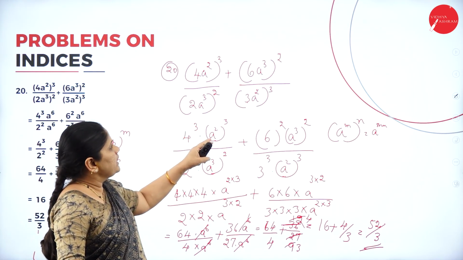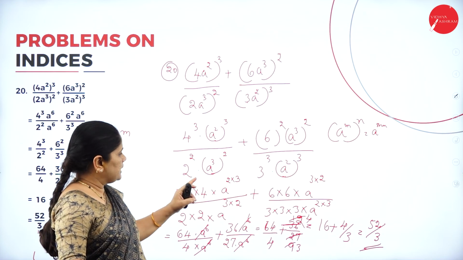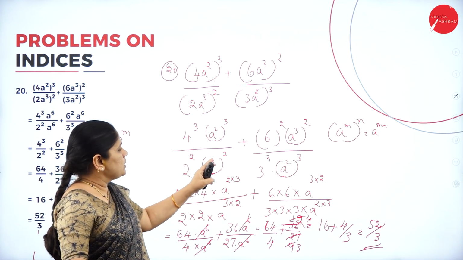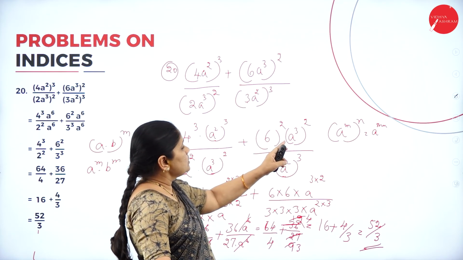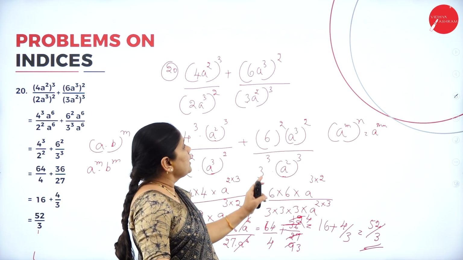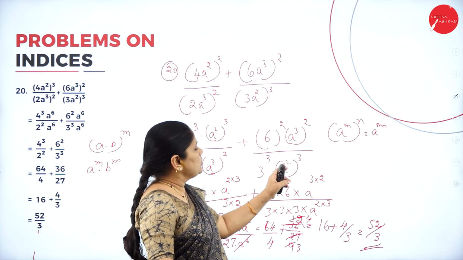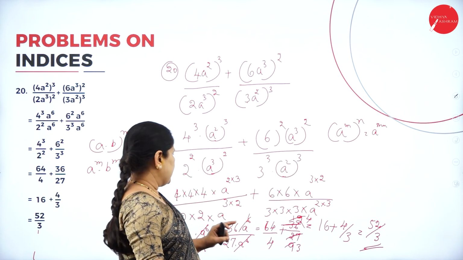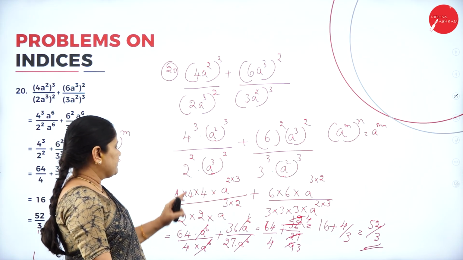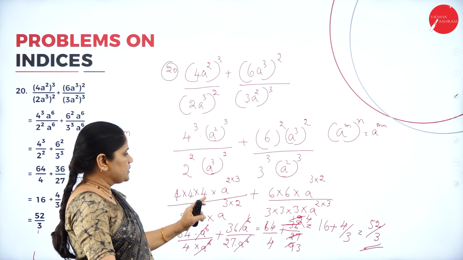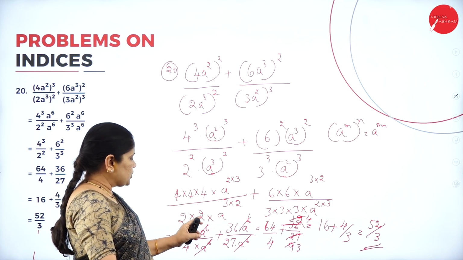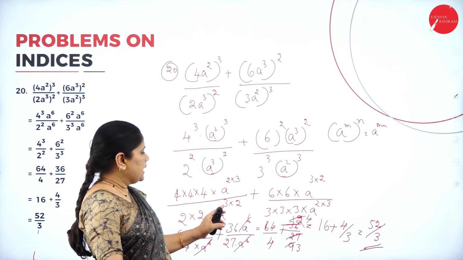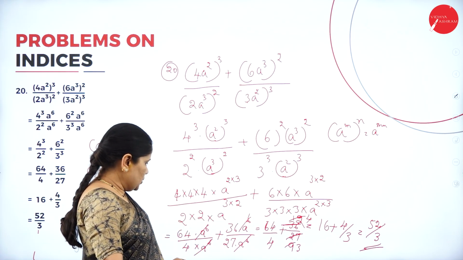So, 4 cube into (a square) to the power 3, again 2 square into (a cube) to the power 2 plus 6 square into (a cube) to the power 2 divided by 3 cube into (a square) to the power 3. Now, 4 to the power 3 will be 4 into 4 into 4 into a to the power 6, then 2 into 2 is 4, then a to the power of 3 into 2.